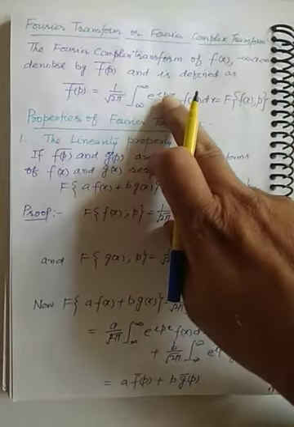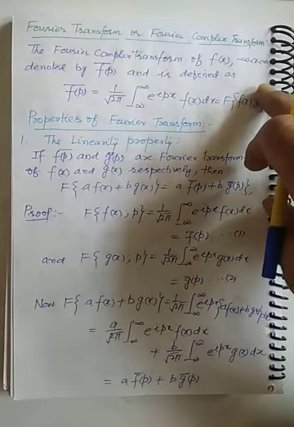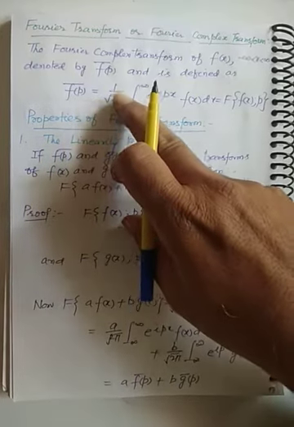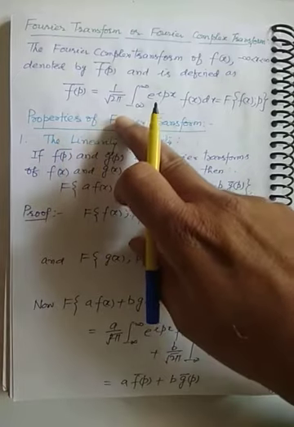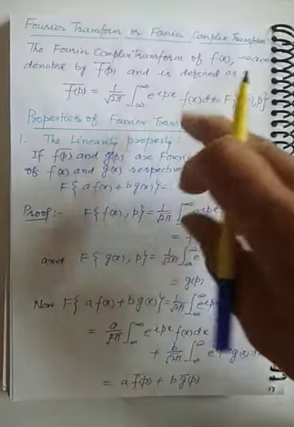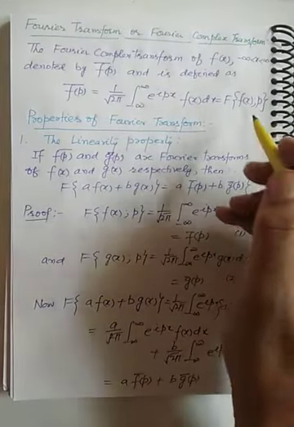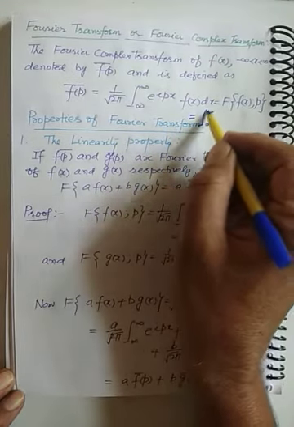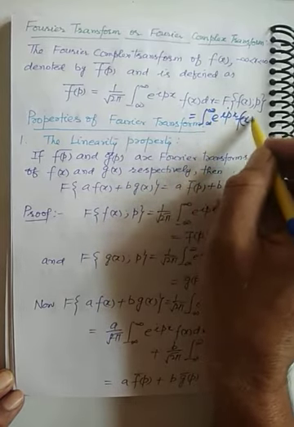The Fourier complex transform of f(x), when x is from minus infinity to plus infinity, is denoted by F bar(p), and is defined as F bar(p) = 1/square root of 2pi times the integral from minus infinity to infinity of e^(ipx) f(x) dx = F(x; p), or some authors define it as the integral from minus infinity to infinity of e^(ipx) f(x) dx.